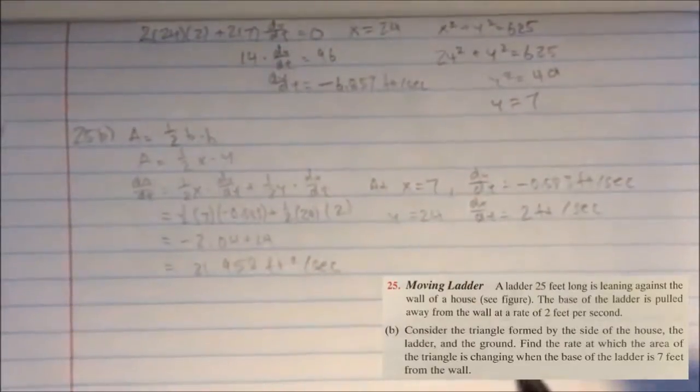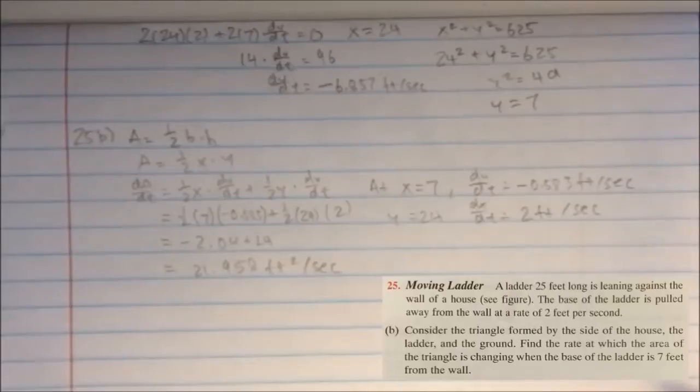So when the base length of the ladder is 7, the area formed between the ladder and the wall is increasing by 21.958 feet squared per second.